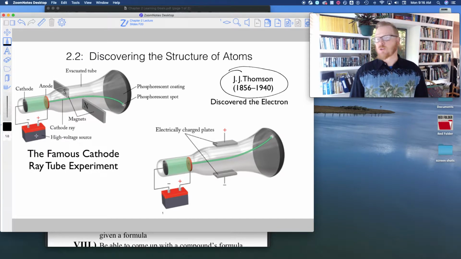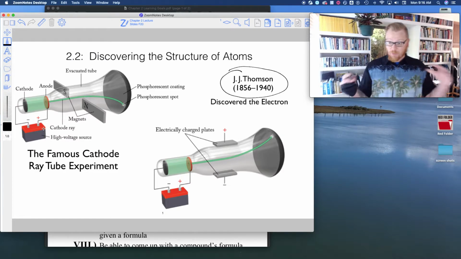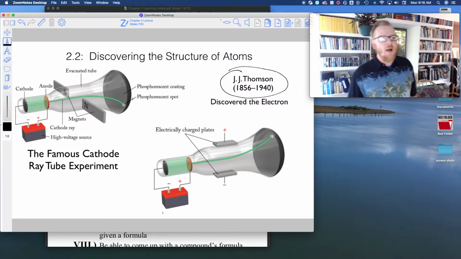But you have a high voltage source, basically a battery, okay? And when you put a negative charge on the cathode and a positive charge on this anode, you're separating the charges. And what ends up happening is electrons want to flow to complete that circuit. We'll get into that in far more detail in Chem 110. But in any event, this ends up creating, effectively, an electron gun, okay?